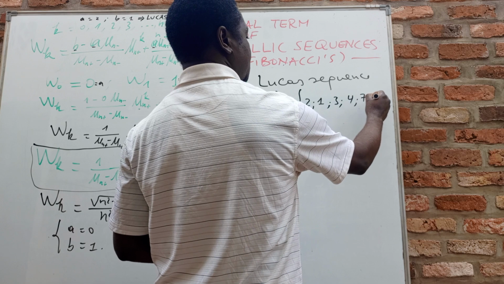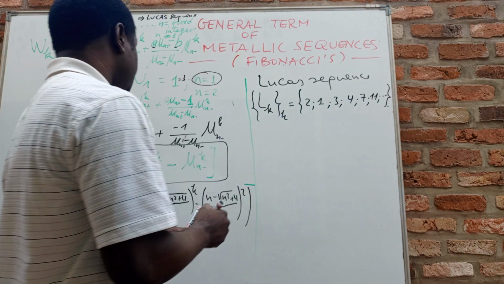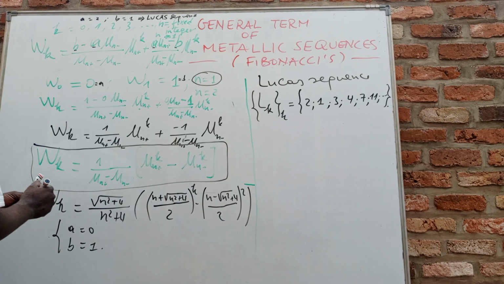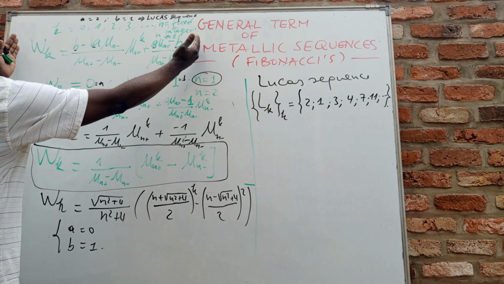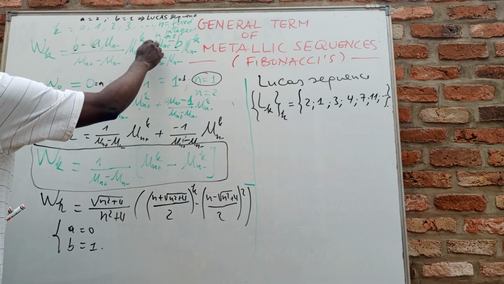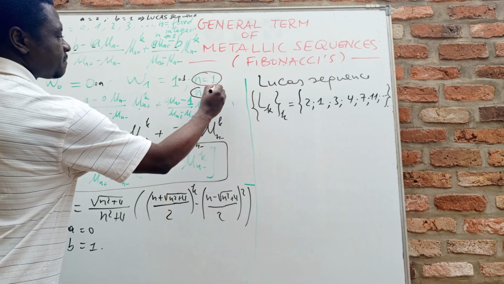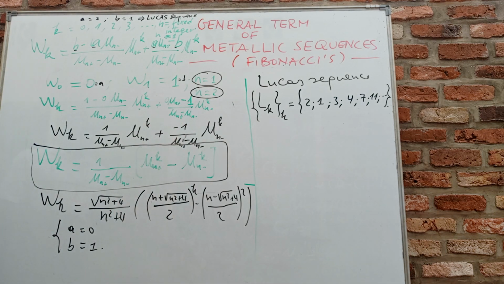Sum of this equal to 11, and so on, until we get a general term WK, which is subject to the condition B equal to 1, A equal to 2.